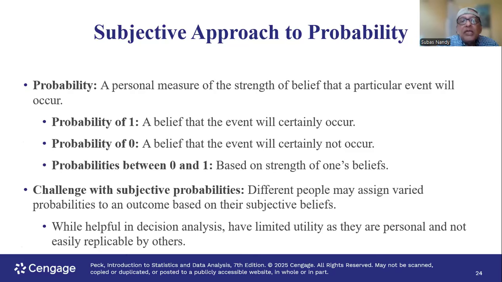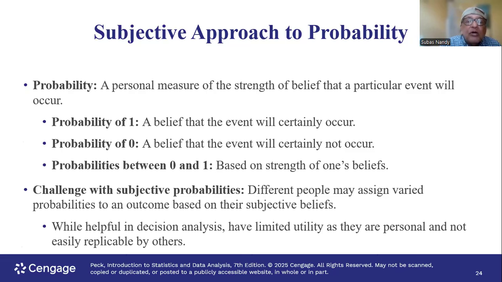So probability can be a personal measure also. The previous approach was doing the experiment and finding the relative frequency of the event in the long run. That gives you the theoretical probability, like the probability of heads in the long run is 0.5. But sometimes it can be a personal measure of the strength of a belief that a particular event will occur.